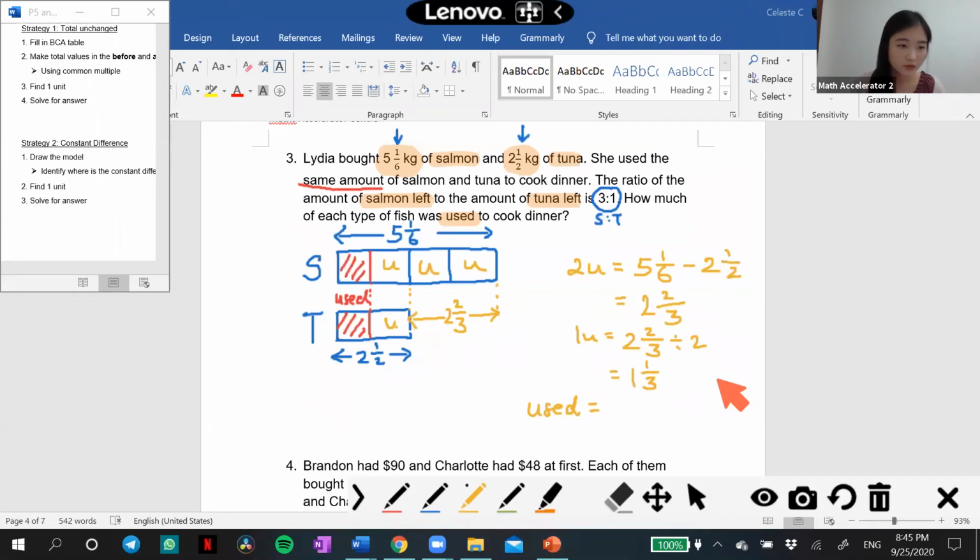Okay. Junchen, total minus remaining. Okay, total minus remaining, correct. So which part? You can either take tuna or salmon. So for tuna, the total is 2 1/2. The remaining, which is left, is 1 unit that you found here.